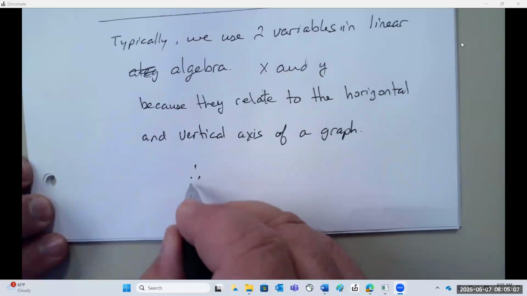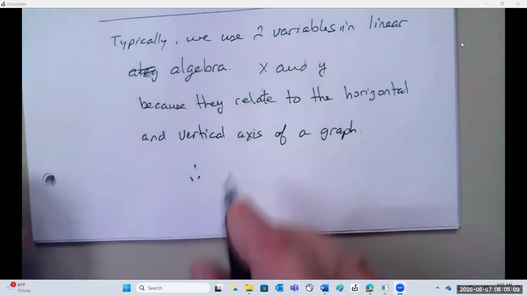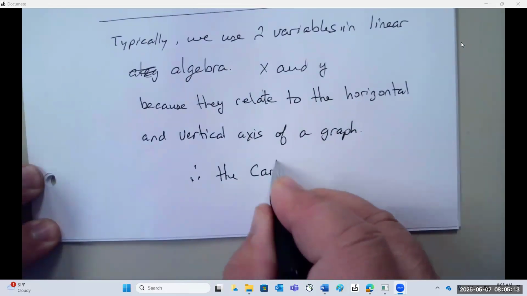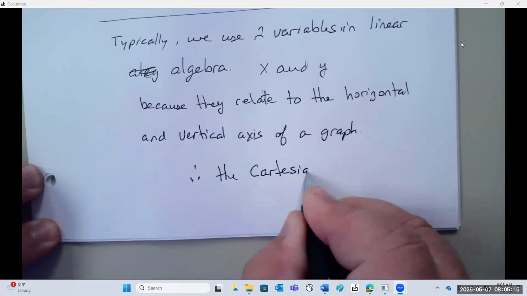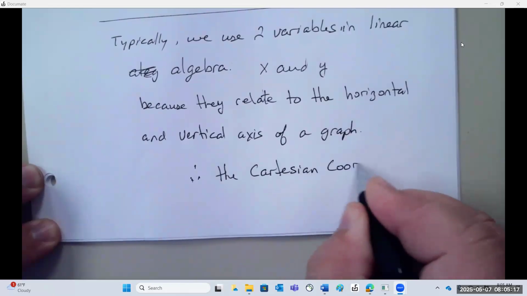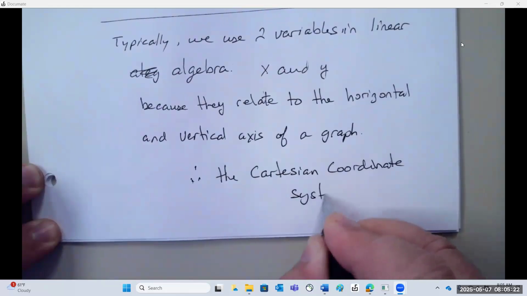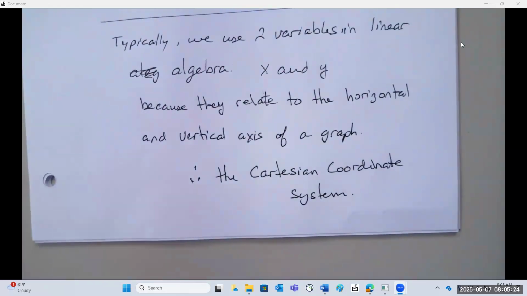And we call that graph, that system, the Cartesian coordinate system, which we'll talk about in the last section of this chapter.